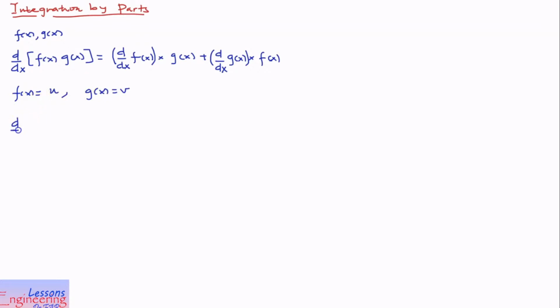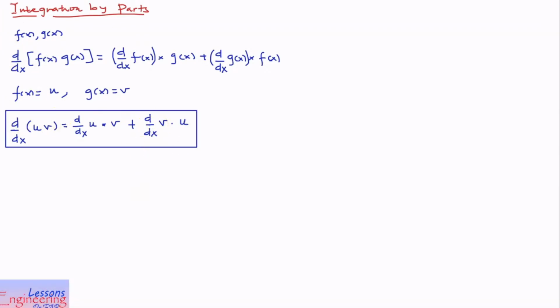So d by dx of u times v equals dy dx u times v plus dy dx v times u. This was what we called the product rule.